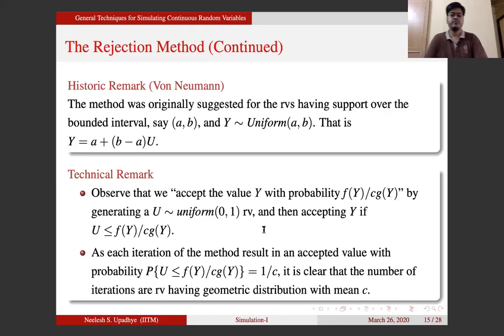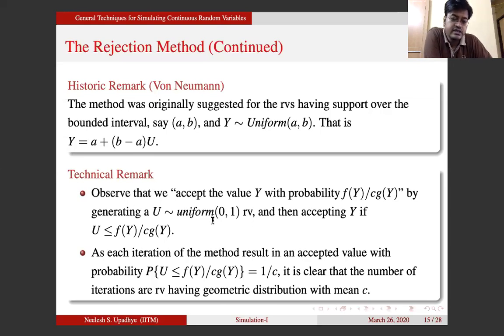The probability with which this will be accepted: you just treat f(Y) by g(Y) as one number between 0 to c. It cannot be negative. Then the probability of U less than or equal to f(Y) by c g(Y) will be 1 by c, because it's a uniform random variable.